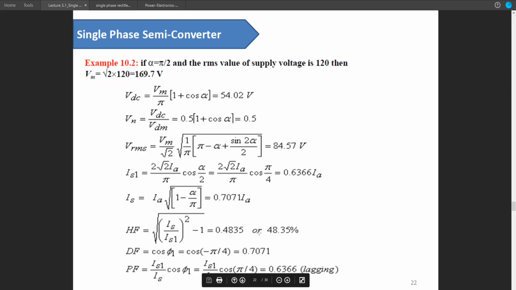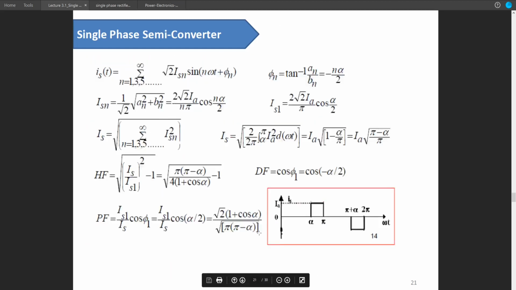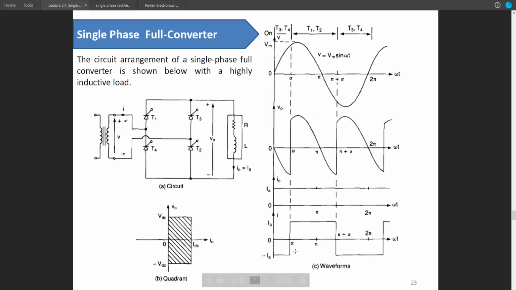If we compare it with the previous diagram, the waveform was from alpha to pi, but in this case it will be from alpha to pi plus alpha, and then again pi plus alpha to twice pi plus alpha.